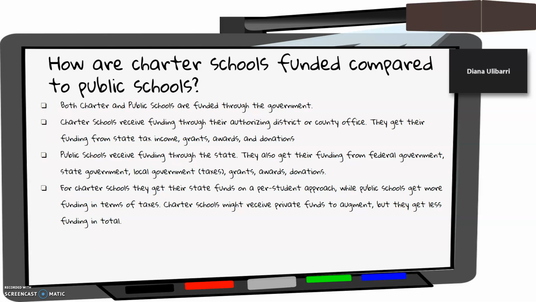Charter schools get their state funds on a per-student approach, while public schools get more funding in terms of taxes. Charter schools might receive private funds to augment, but they get less funding in total. So overall, public schools tend to get a little more funding, but charter schools tend to have enough funding for the small set of students that they are preparing for.